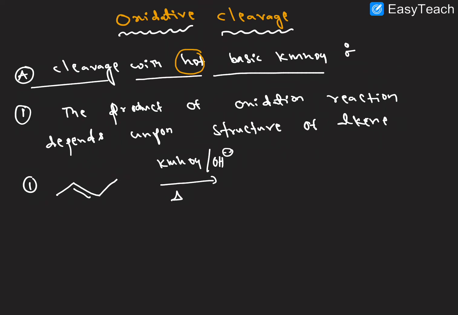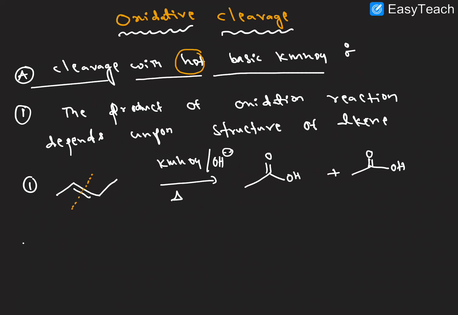Here the C=C double bond is completely cleaved. In that place a carboxylic acid group is added, so C double bond O, OH, and another mole the same, C double bond O, OH is formed. This is the reaction taking place whenever the alkene is treated with hot KMnO4, right?